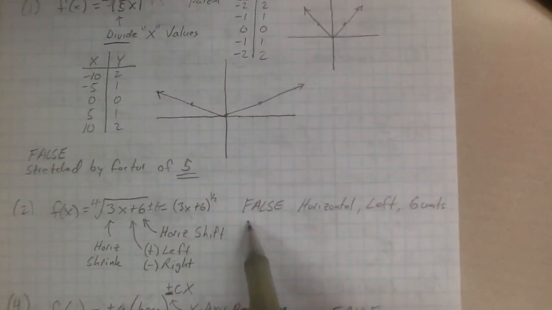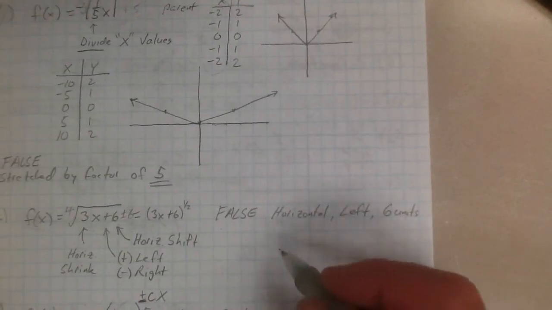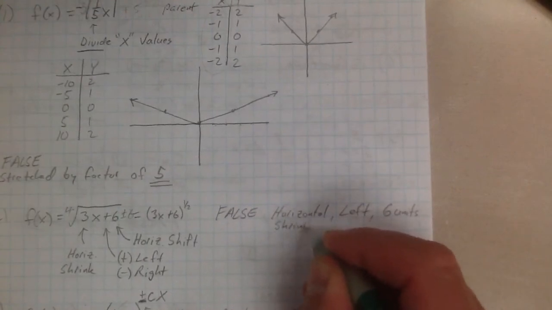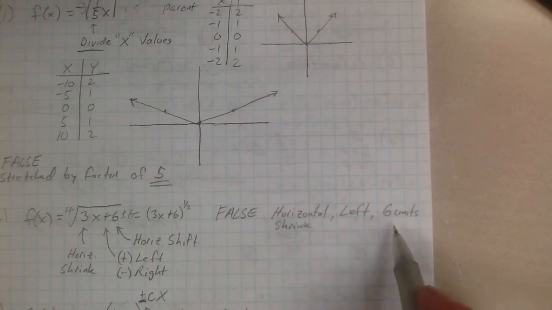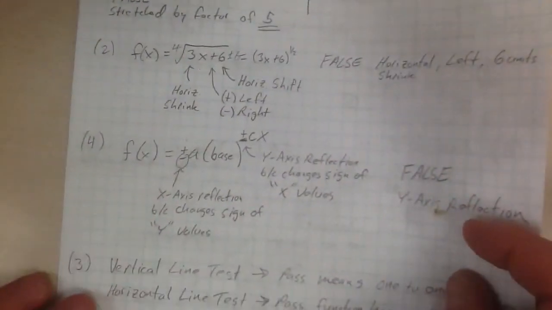So false. This is a horizontal shrink and a shift to the left 6 units. Okay? All right. Let's look at number 4.